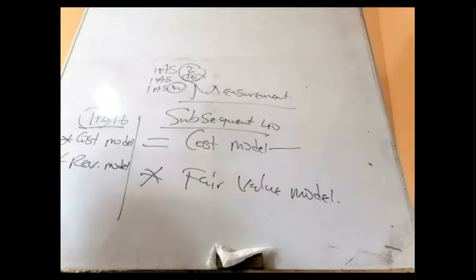To get the carrying value, revisit IAS 16 for the formula: cost minus accumulated depreciation minus any accumulated impairment loss. That's all, so we are done.